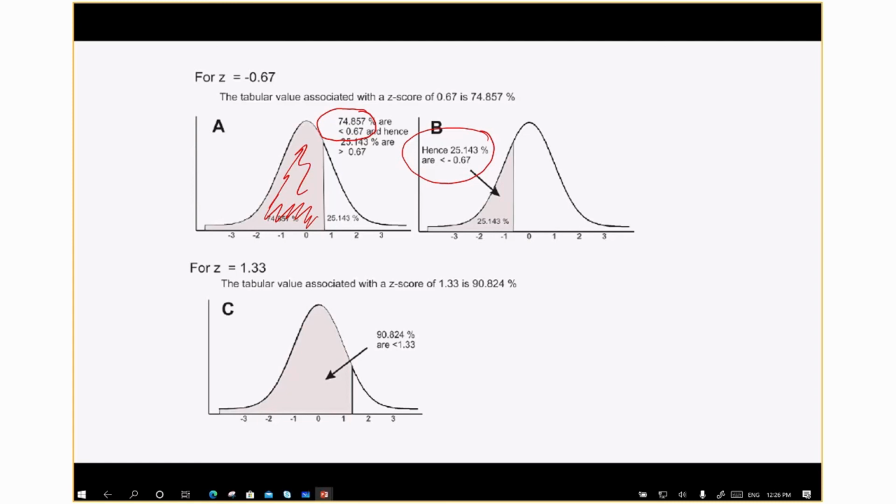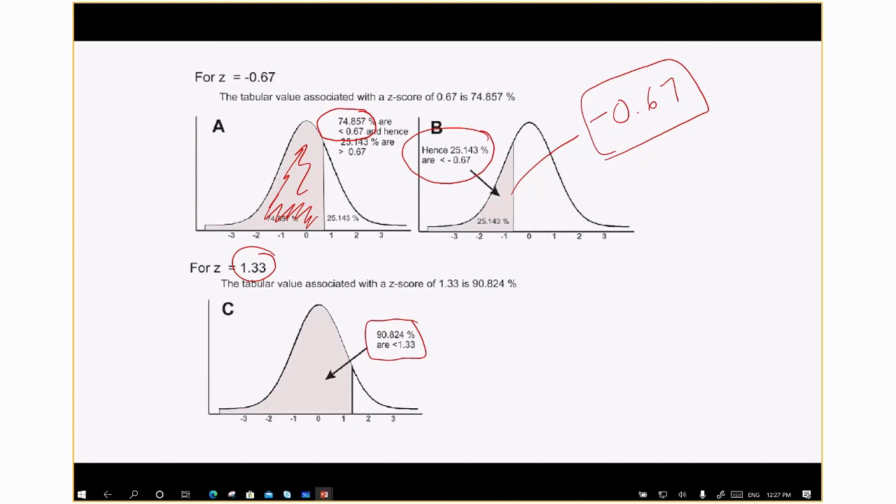So if we think about our standard normal curve, and we've got a Z value of minus 0.67, we know that 25.143% of the individuals will have a value less than that particular Z-score. The other Z-score we got was 1.33, and that told us from our Z table that 90.824% of the individuals would have a Z-score less than 1.33.